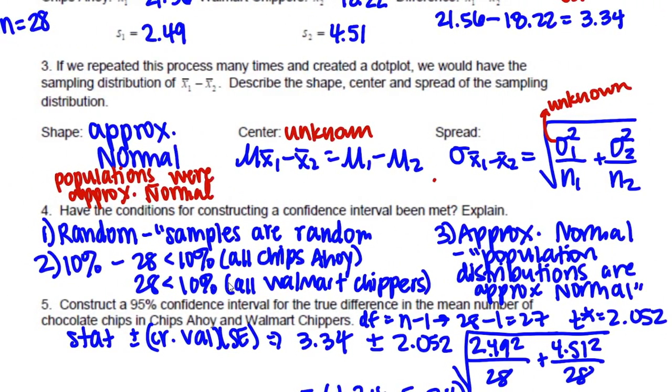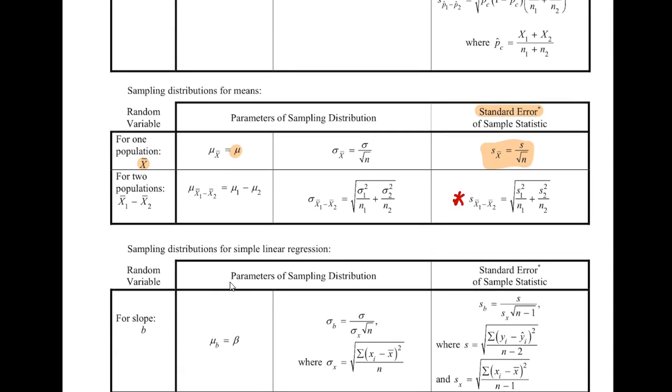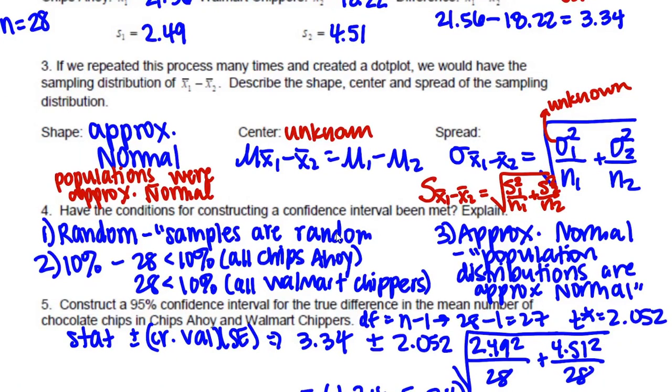And it looks almost the same, except it's just S squared for sample 1 over sample 1 size, and then S squared for sample 2 over sample 2 size. You'll find that right about here on your formula sheet. So no need to memorize it. And again, we won't typically be provided with sigma and S and have to decide between them. So if you have the standard deviation from the sample, that's typically just what you'll be using. And it's called standard error now because it is an estimate of the population standard deviations.